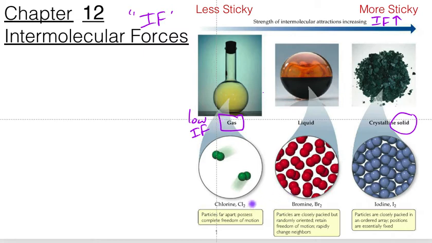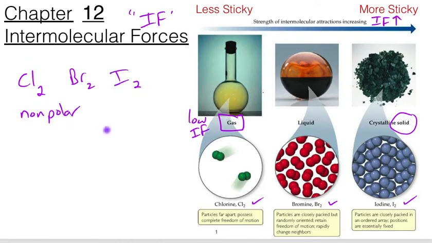Now the reason this one is kind of interesting is because these are three diatomics, and as it turns out, all of the diatomics are nonpolar. From this trend, since iodine is a solid, the conclusion we can draw is that it has higher intermolecular forces. All three elements are halogens, so they're in the same family of the periodic table.